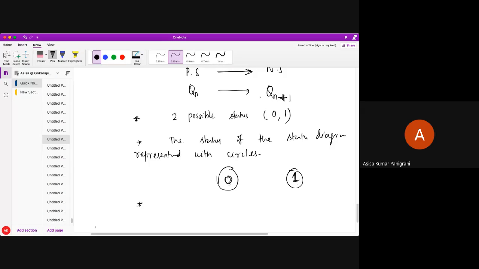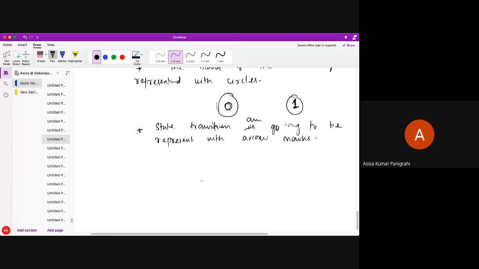Next one is state transition. State transitions are represented with arrow marks, where the origin of the arrow indicates where it starts. So a state transition means, for example, from 0 to 1.